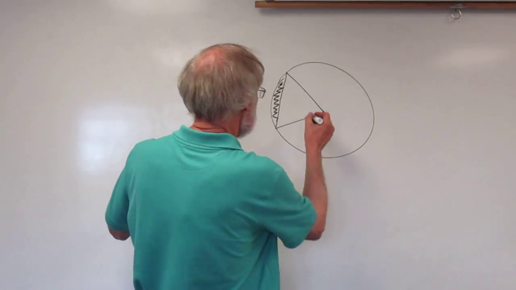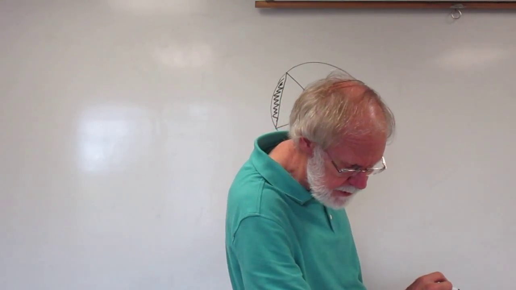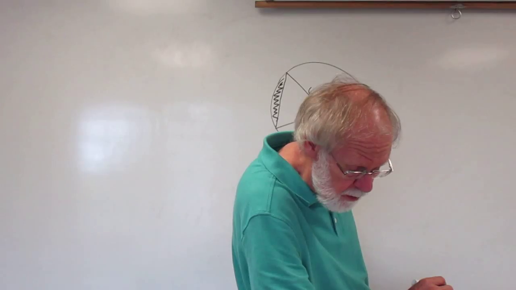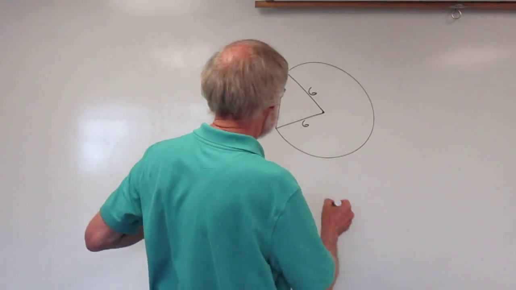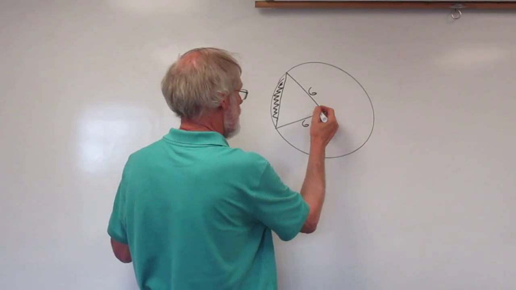Now, you are given that this radius is 6, and nothing else, except that this is a 60-degree angle right here.